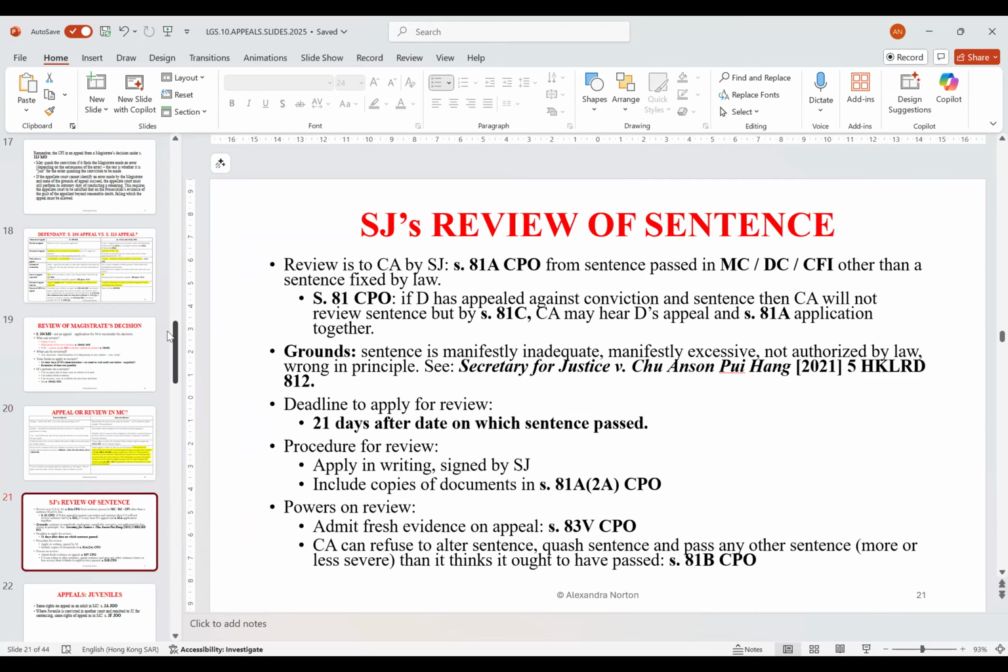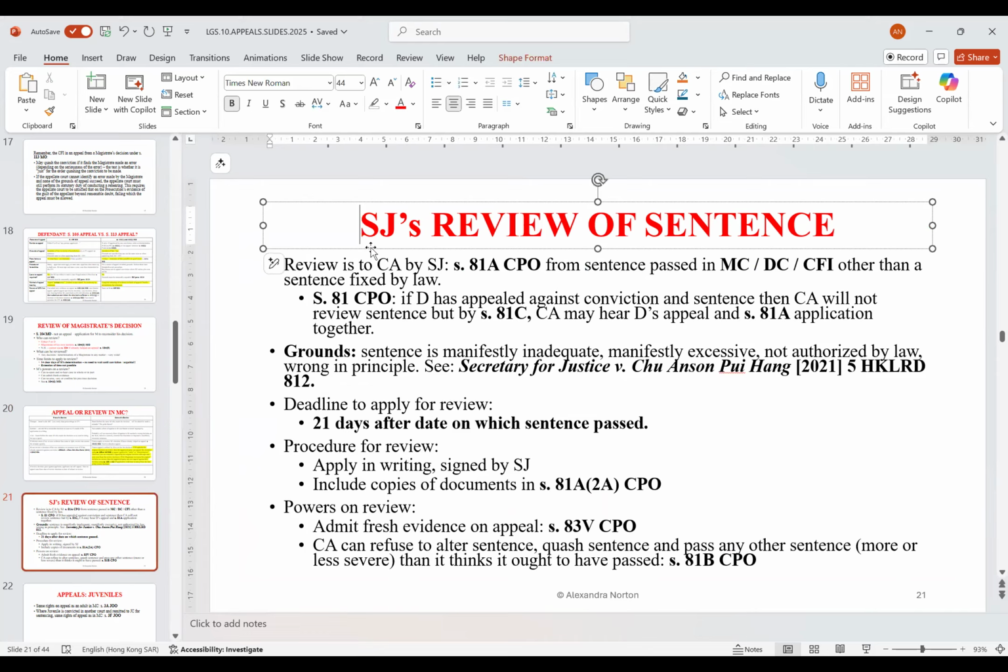The other option where we have been convicted in the magistrate's court is for the SJ to review the defendant's sentence to the Court of Appeal under Section 81A of the CPO. And the grounds are that the sentence is manifestly inadequate.